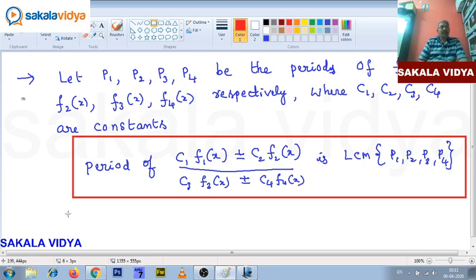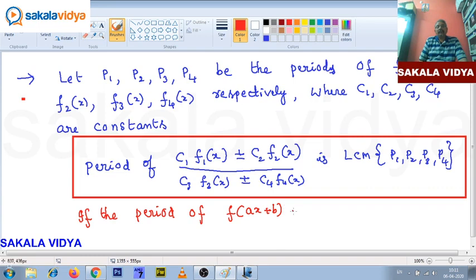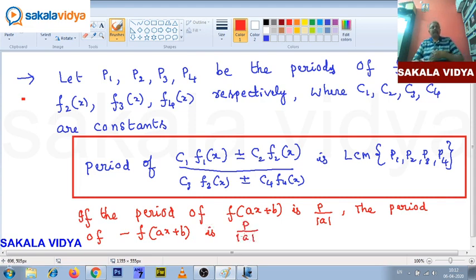For example, if the period of f of ax plus b is p by mod a, then the period of minus f of ax plus b is also p by mod a only, no change. That means the period of f is p, and the period of minus f is also p.